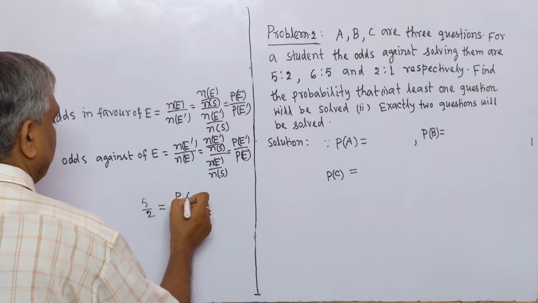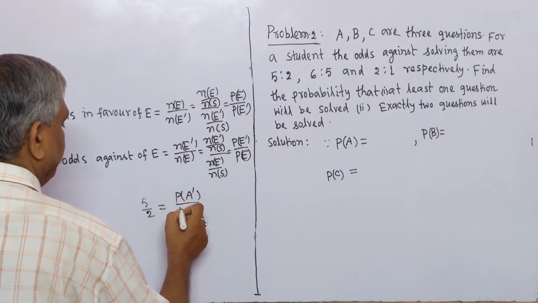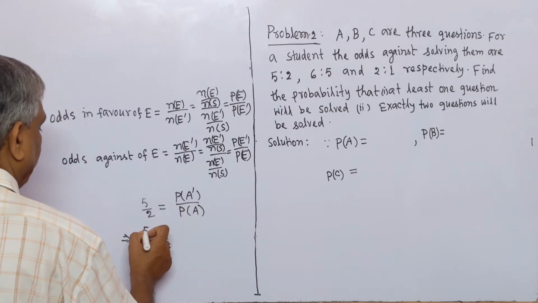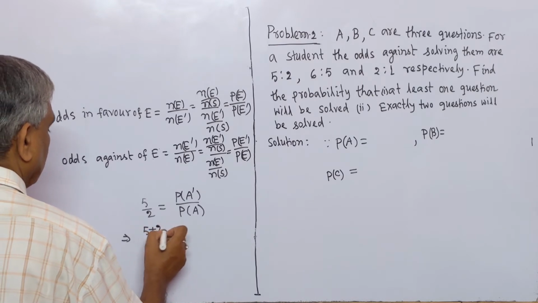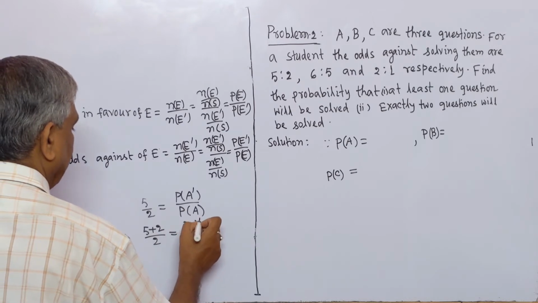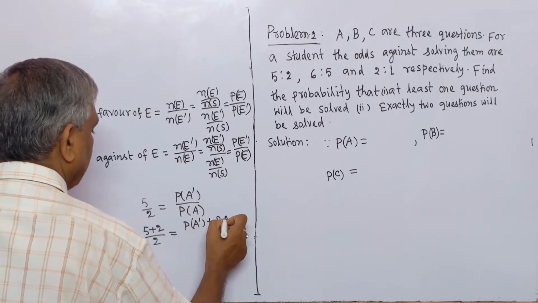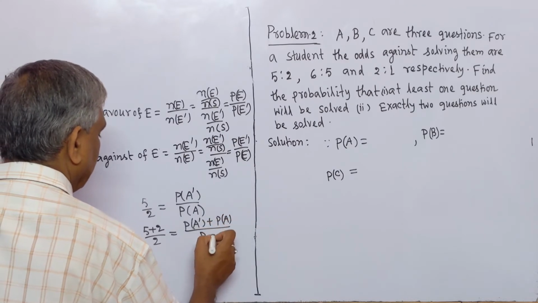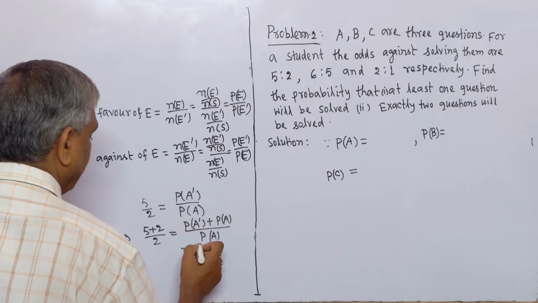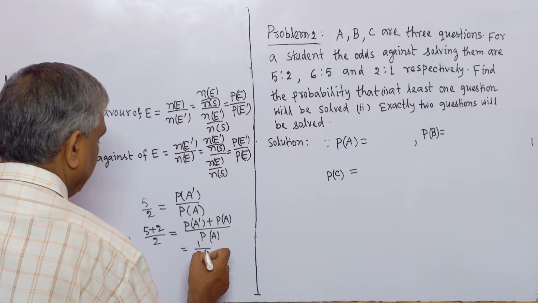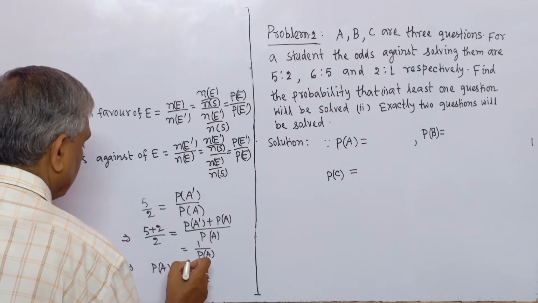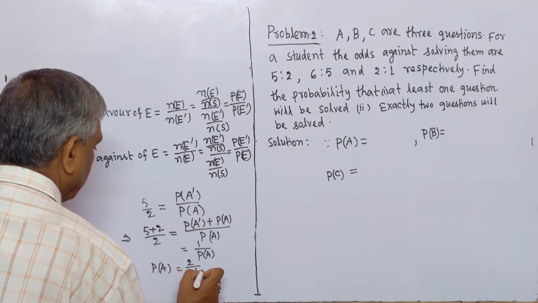This is P A prime by P A, which implies that 5 plus 2 by 2 equal to P A prime plus P A by P A, and P A prime plus P A is 1 by P A. This means P A equal to 2 by 5 plus 2.